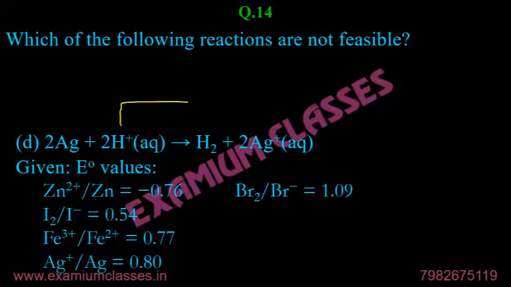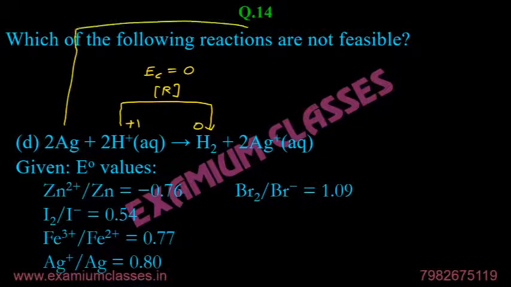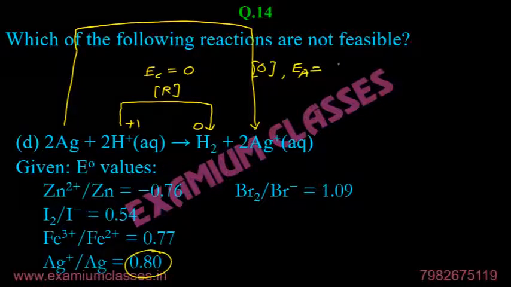So here reduction is taking place, because plus 1 to 0, and here oxidation is 0.80.